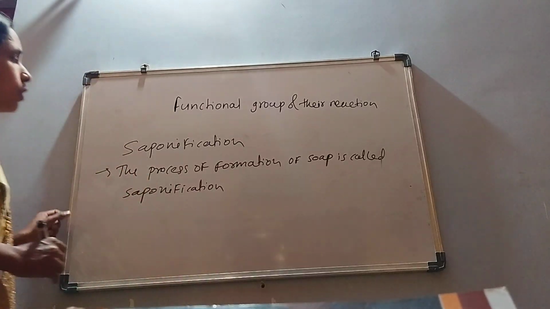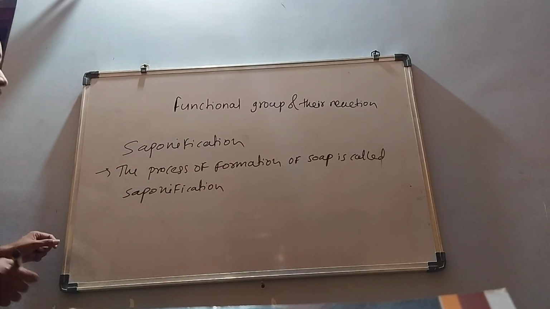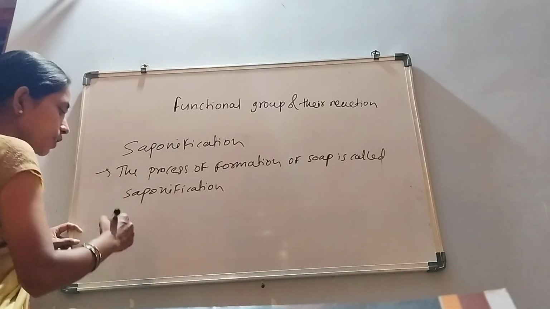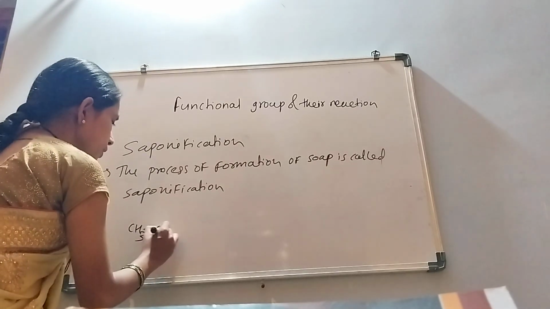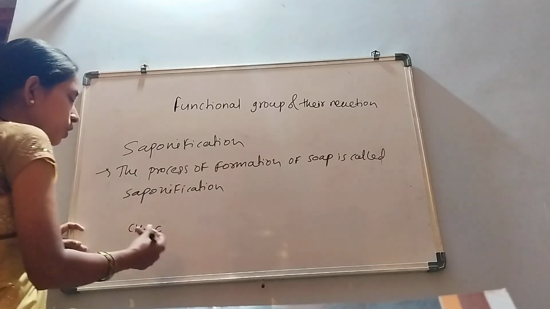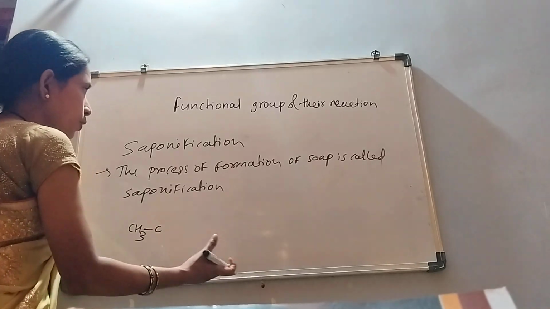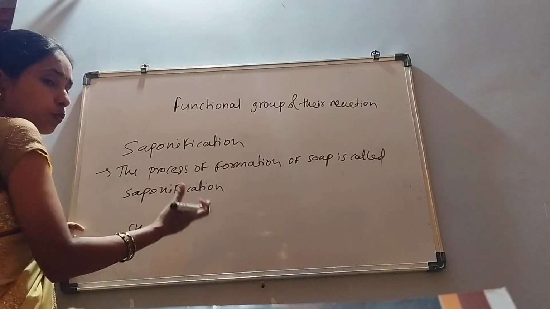Okay, so now what is the saponification reaction? In this reaction, the ester we already got is reacting with a base, sodium hydroxide, and it is forming a compound that we call soap.